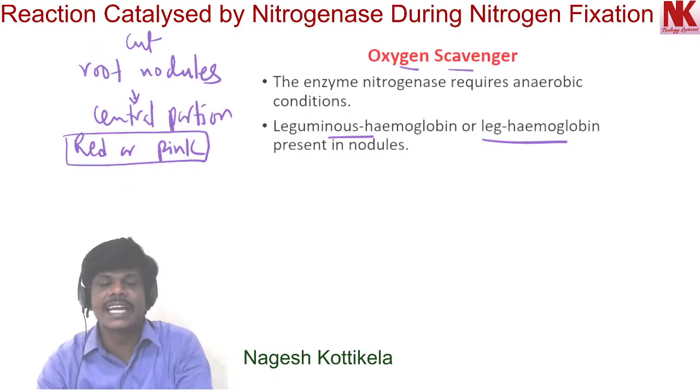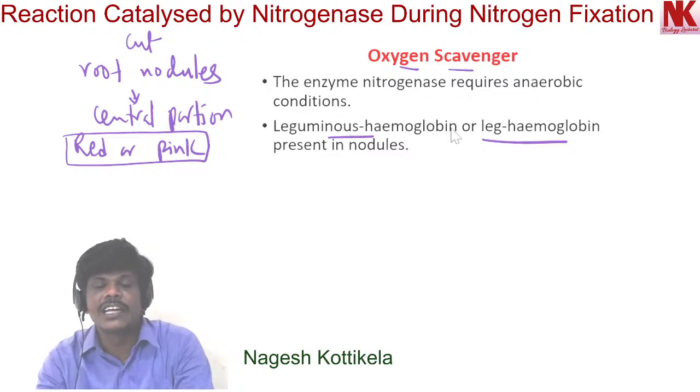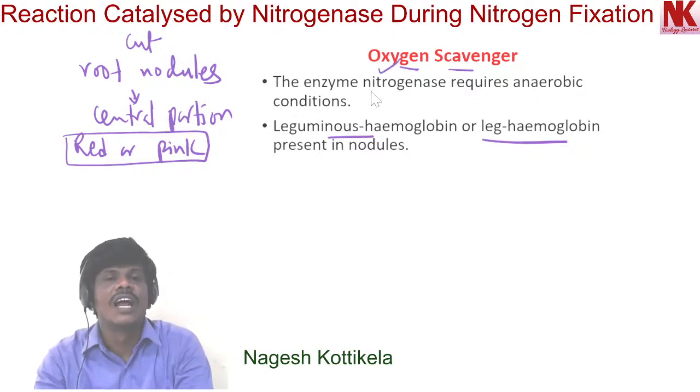So the leg hemoglobin, the oxygen scavenger, is present inside the root nodules, and it plays an important role in protecting the enzyme. So this is all about today's topic.